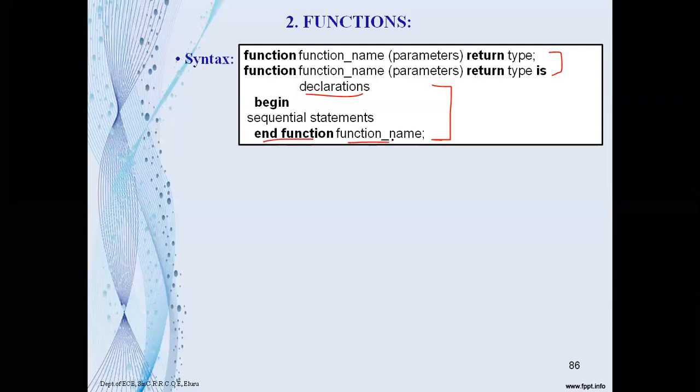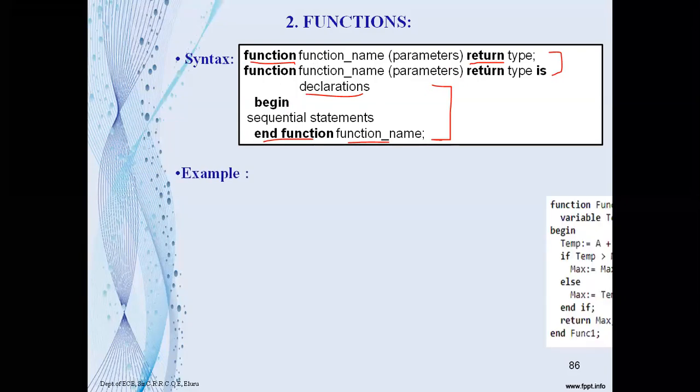So look, the difference between the procedure and function is that in the procedure you have the procedure name, but there is no return statement. But in the functions you will have a return statement. In the procedures it doesn't have the return statement; functions have the return statement. So see an example here.